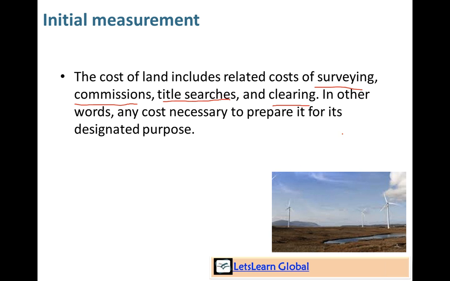So the amount you spend to acquire the land, get it registered, and clear it, in other words, prepare the land for the designated purpose.